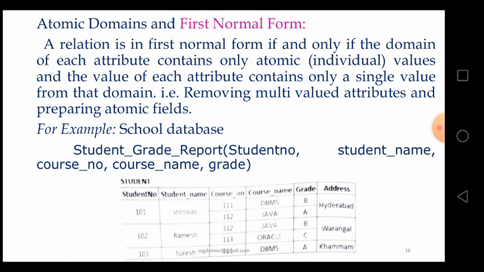This is the first normal form definition. Here we take the student grade report table: student number, student name, course number, course name, grade, address are the different fields.